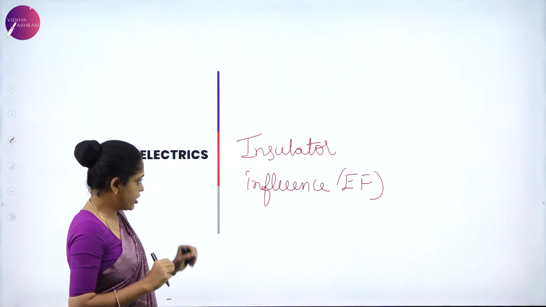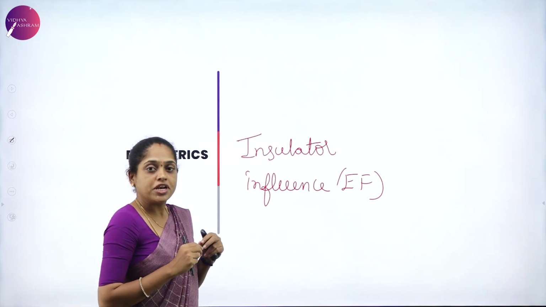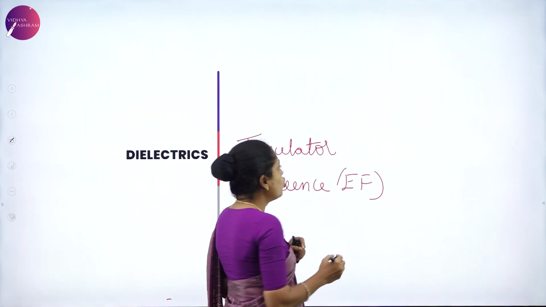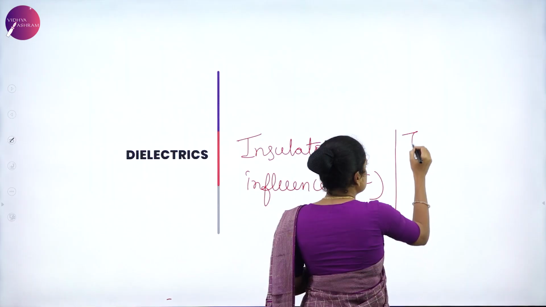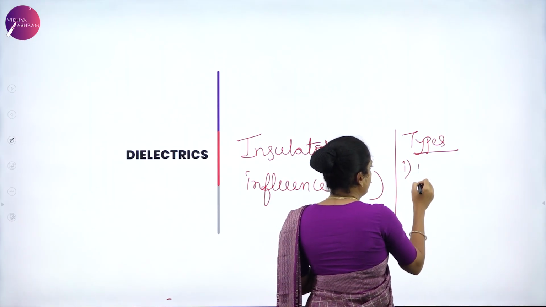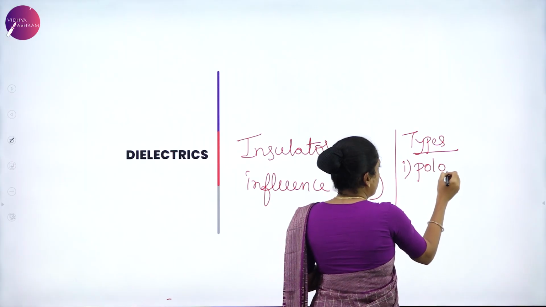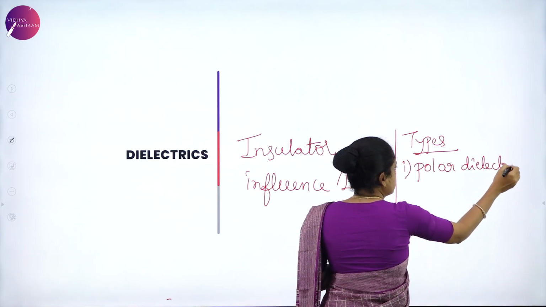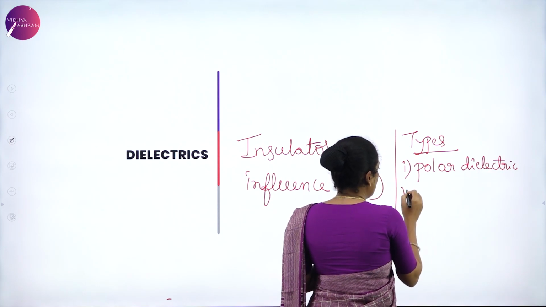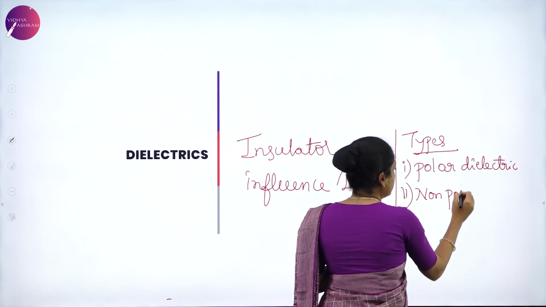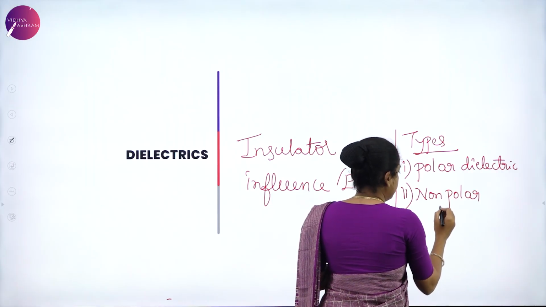Such materials are known as dielectrics. And there are two types of dielectrics. One is polar dielectrics, and the second one is non-polar dielectrics.